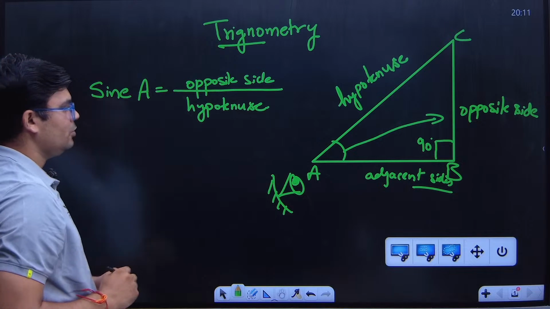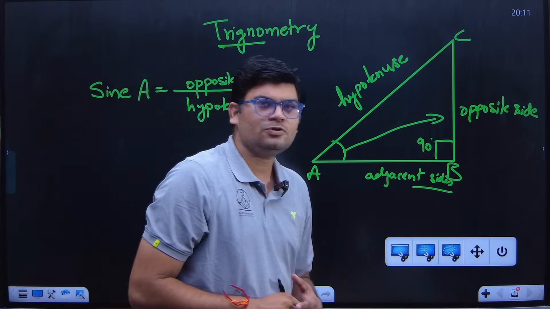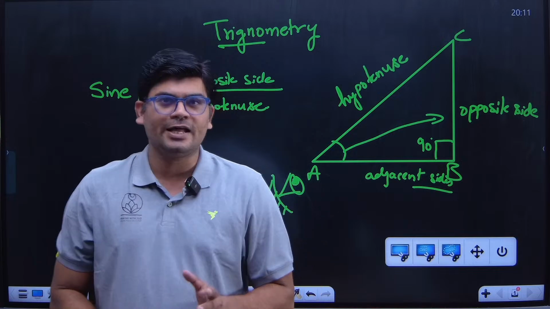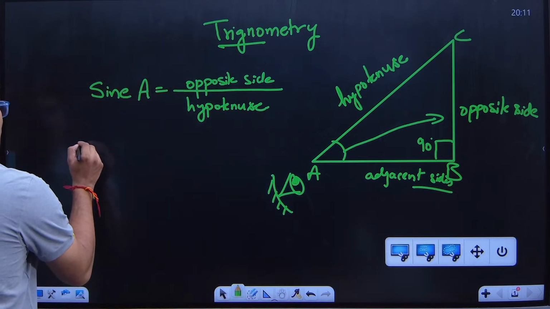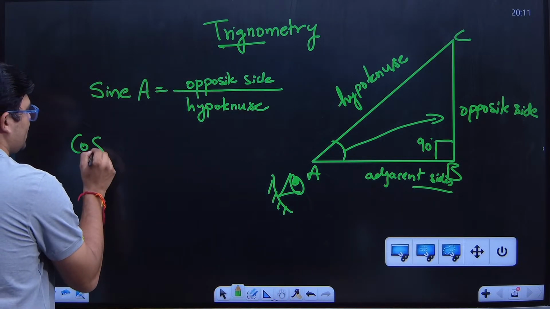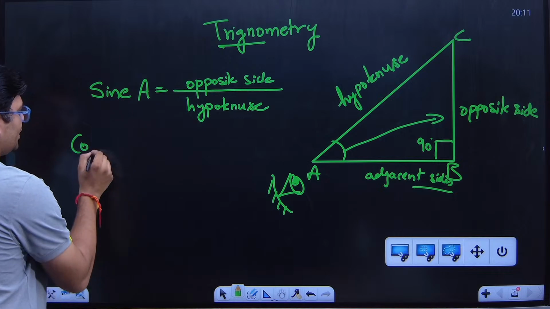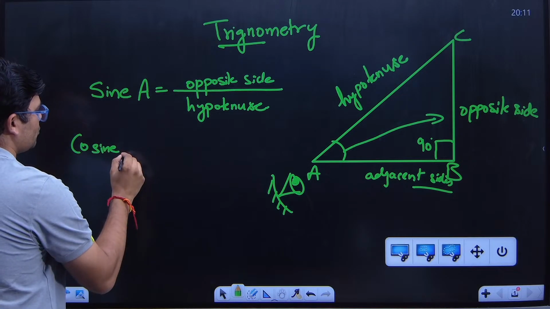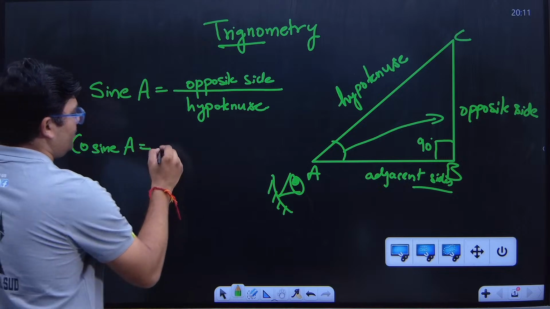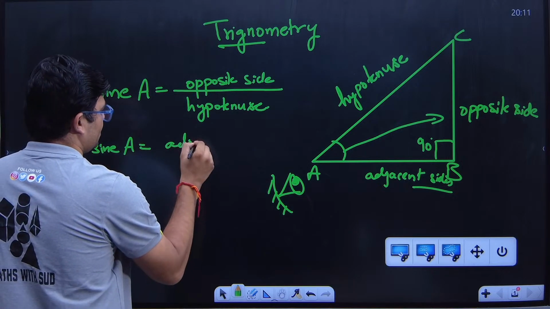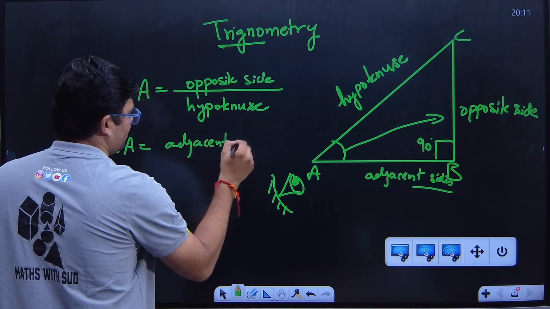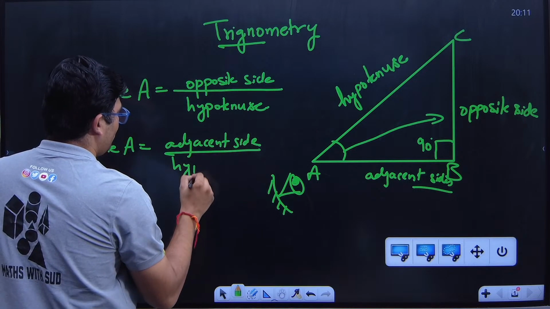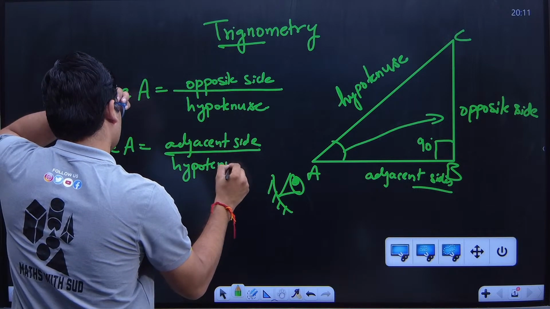Then there is one more ratio which is known as the complementary of this sine, and we say cosine, co being the short form. Cosine A is adjacent side divided by hypotenuse. This is the second ratio.